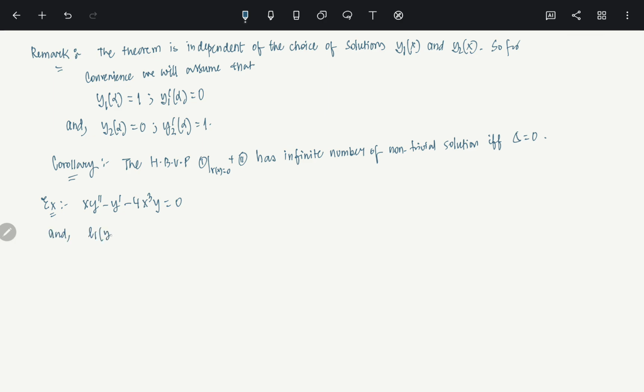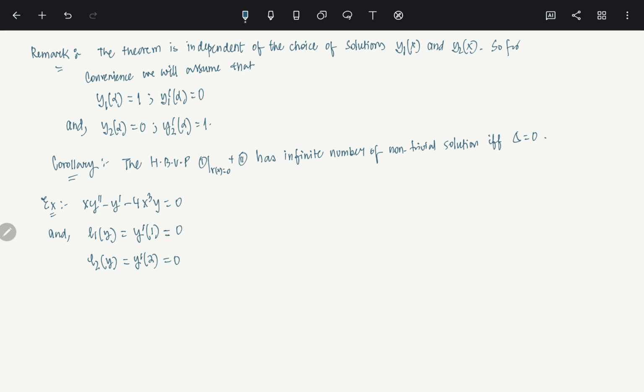L1 of y, for certain coefficients a naught, b naught, is y prime at the point 1 is 0. L2 of y is y prime at the point 2 is 0. Is this okay? This is the equation we consider.